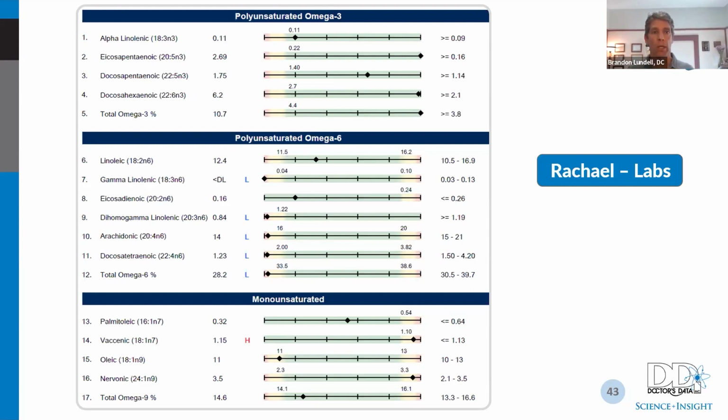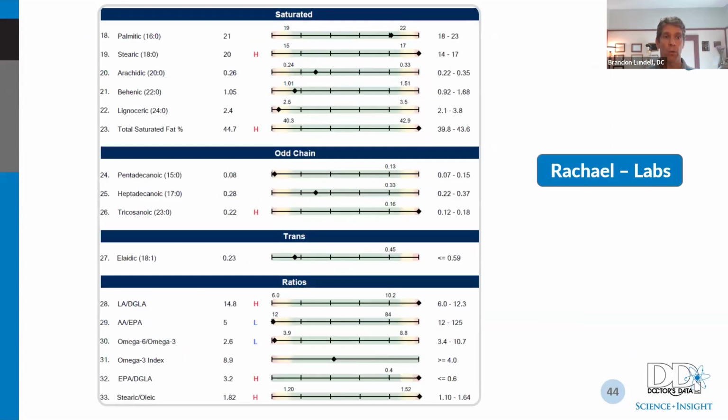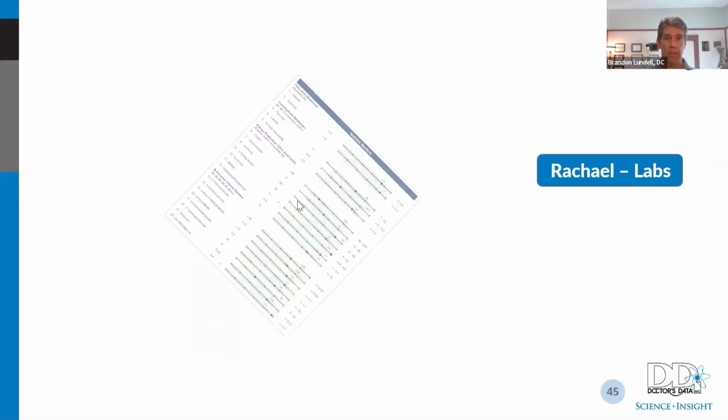Her EPA was really high, but that's not sufficient to have a balance in essential fatty acids, and mitochondria are going to suffer for that. And sure enough, we see some other essential fatty acids being out of balance.